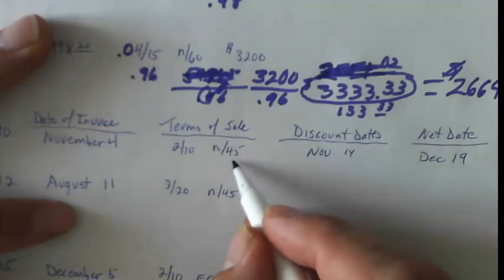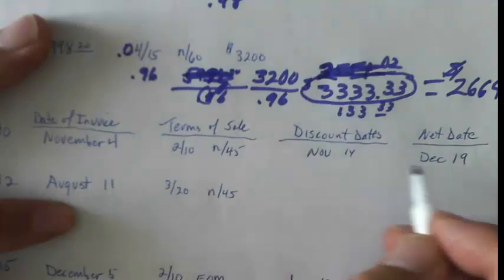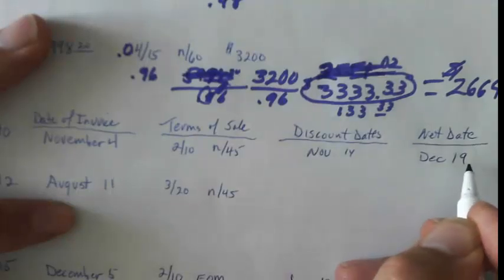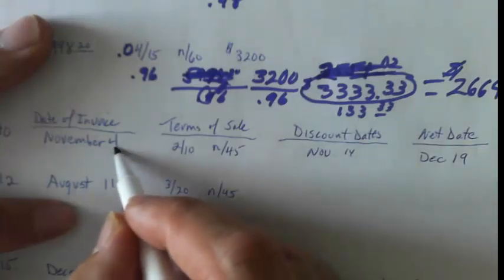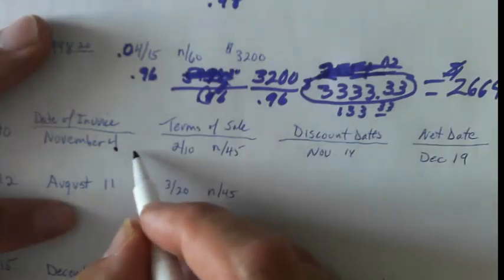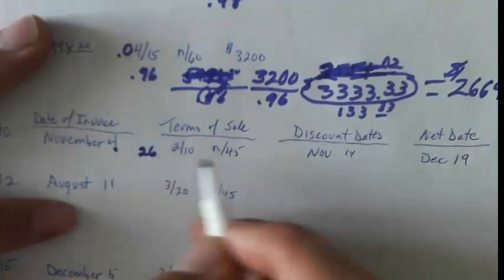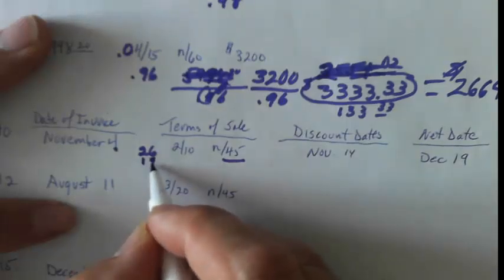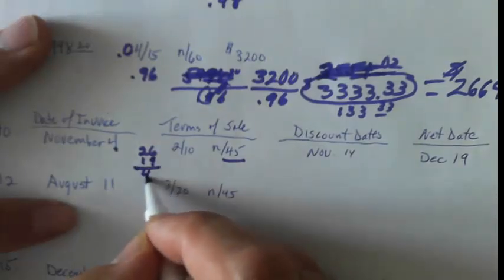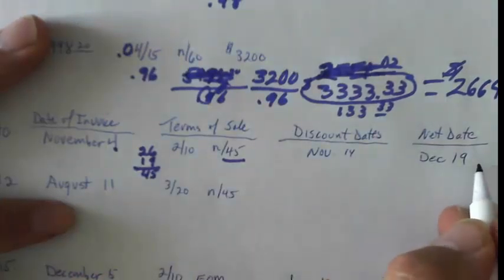And it's due in 45 days. So from November 4th to the end of the month is 26 days because there are 30 days in November. To get to 45, I need another 19 days. That's where they got December 19th.